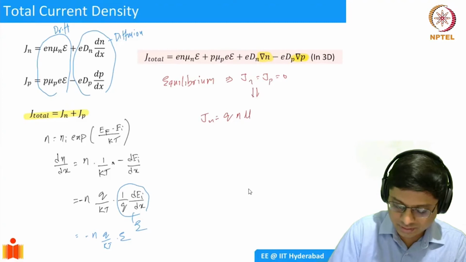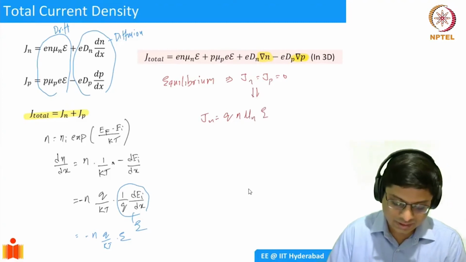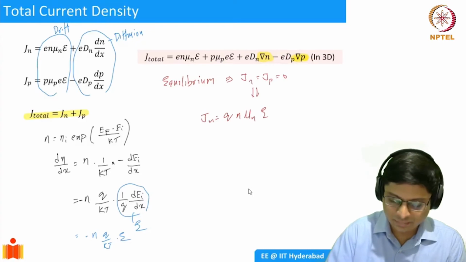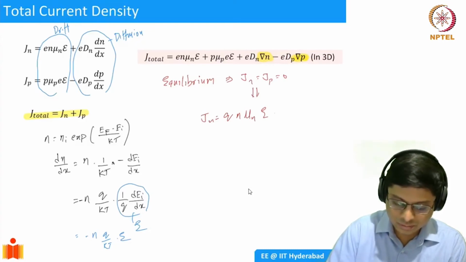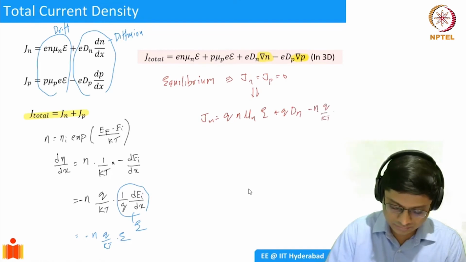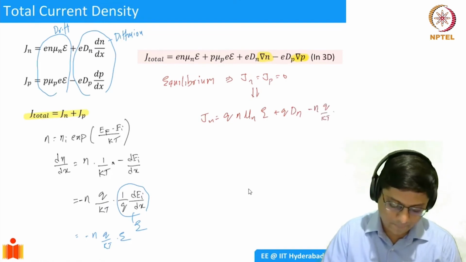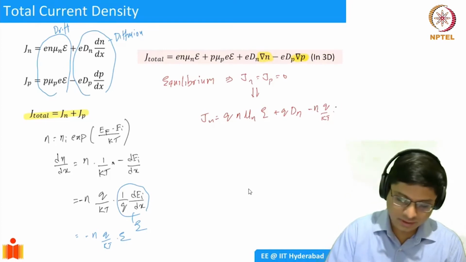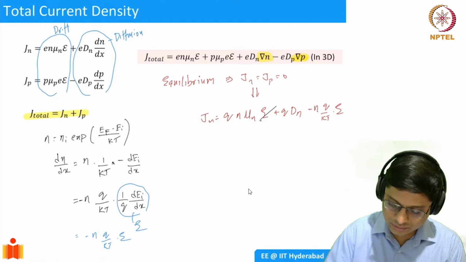So mu n E, and now the diffusion current is going to be plus Q Dn dn by dx, and dn by dx is going to be minus N Q by KT times E. Okay, so your E cancels out, N cancels out, Q cancels out.